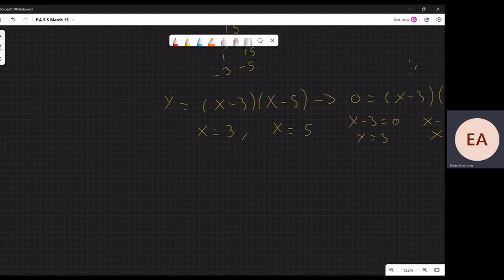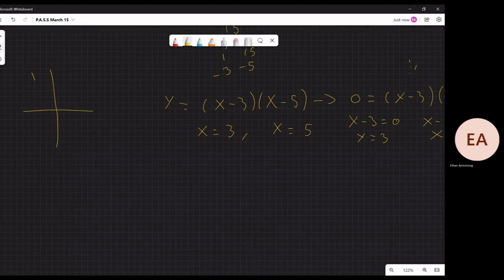The reason we can do that is because, in a quadratic, the vertex is exactly halfway between the two zeros. So if we add these two up and divide by 2, we can find the exact halfway point, and then we can find the x value of the vertex.